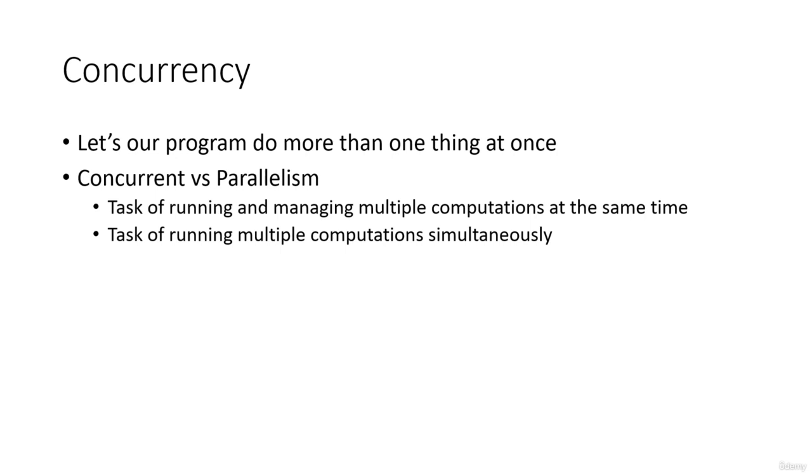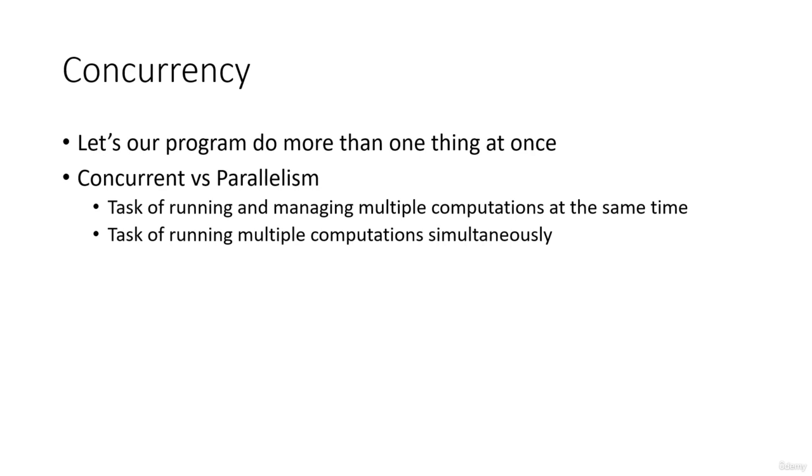And then we have concurrency. Concurrency is going to let our program do more things at once, essentially, right? But there is concurrency, and then there's also parallelism. And these are kind of different things.